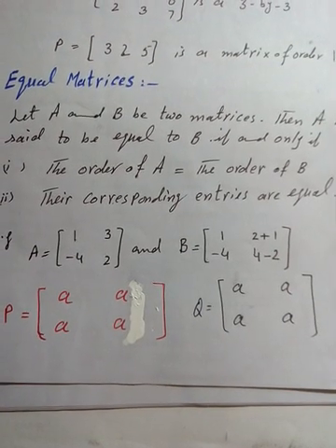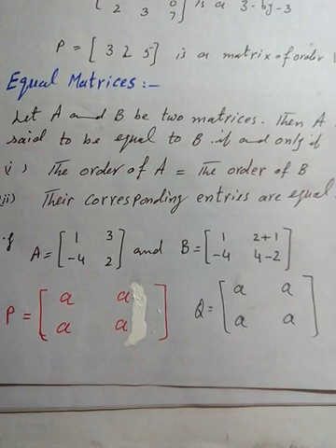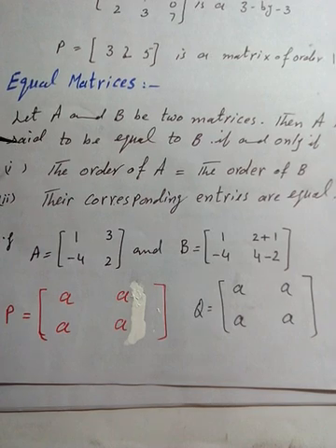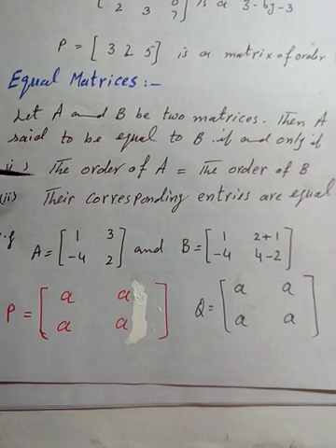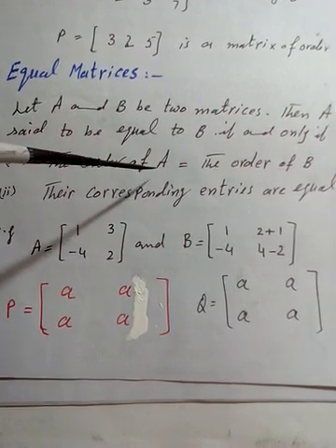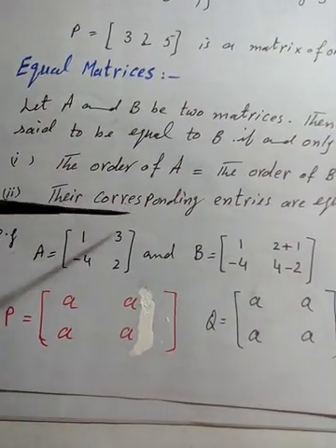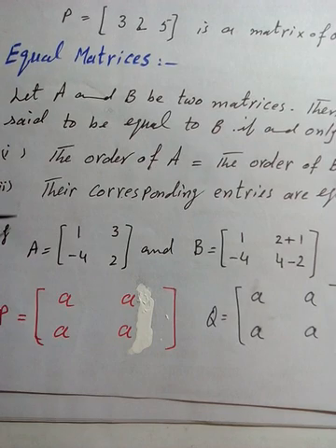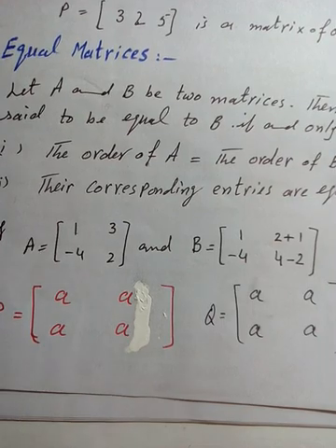Equal matrices. Let A and B be two matrices. Then A is said to be equal to B if and only if, first, the order of matrix A is equal to the order of matrix B, and second, their corresponding entries are equal. Then these matrices are known as equal matrices. For the corresponding elements, let me take one example.